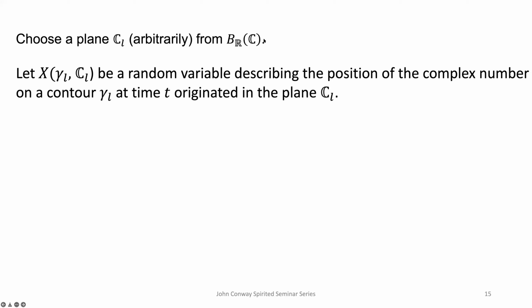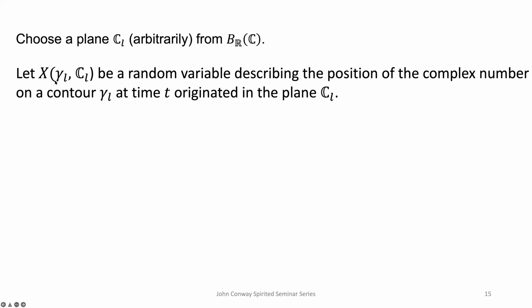So this bundle has a BRC again. The BRC consists of infinitely many parallel complex planes which don't intersect with each other. Then there is an orthogonal plane C0 that intersects with the BRC.